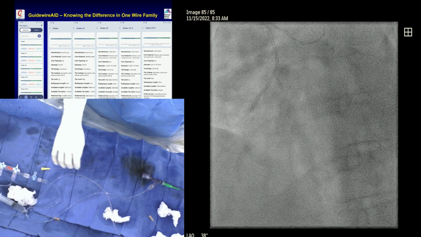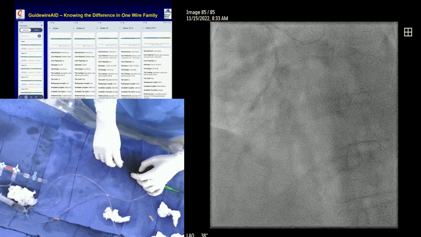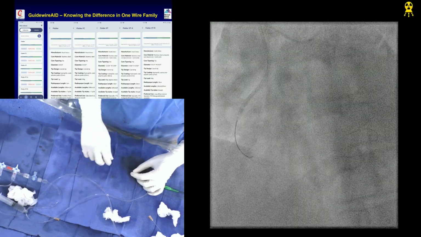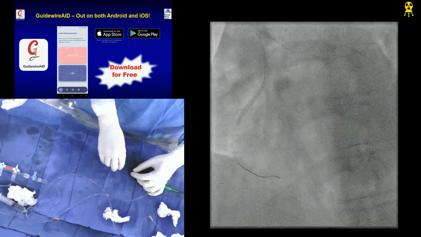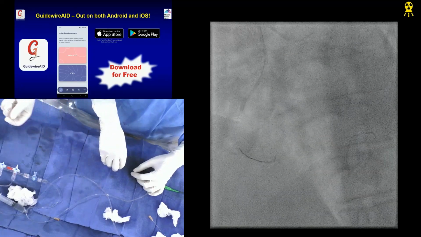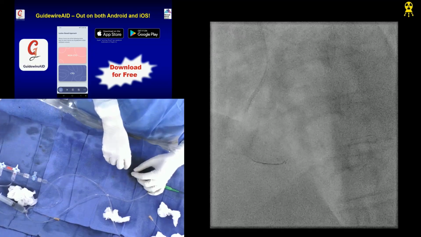No. You know what? Let me do one thing. That's the stent balloon. You can throw that away. Really, I've been thinking about this.